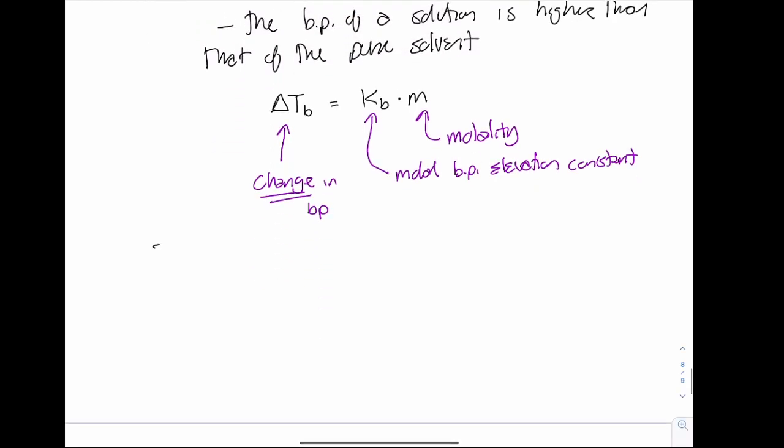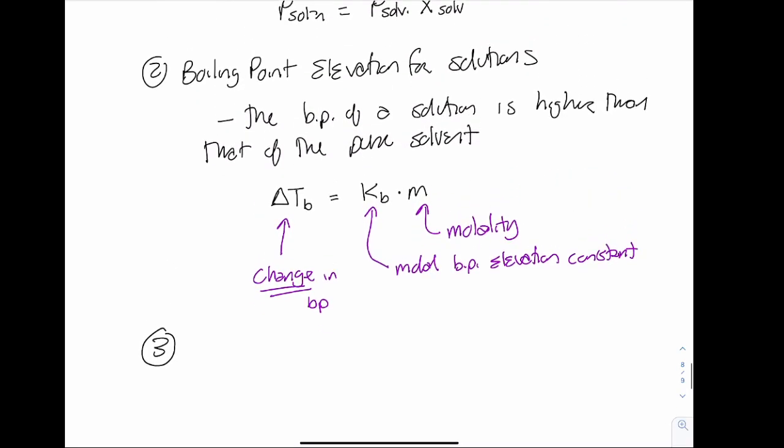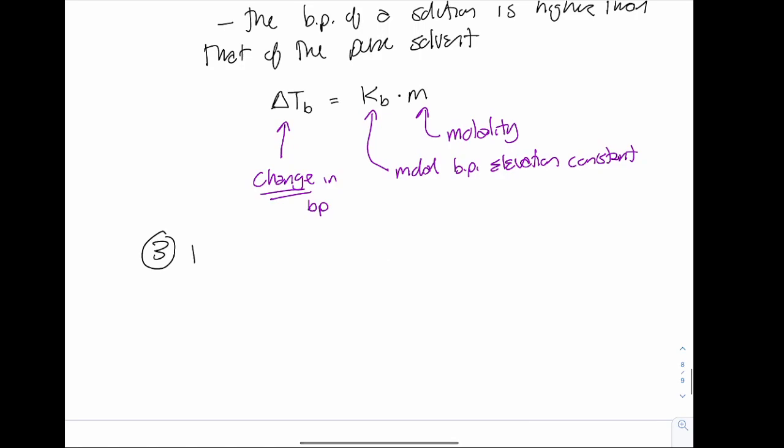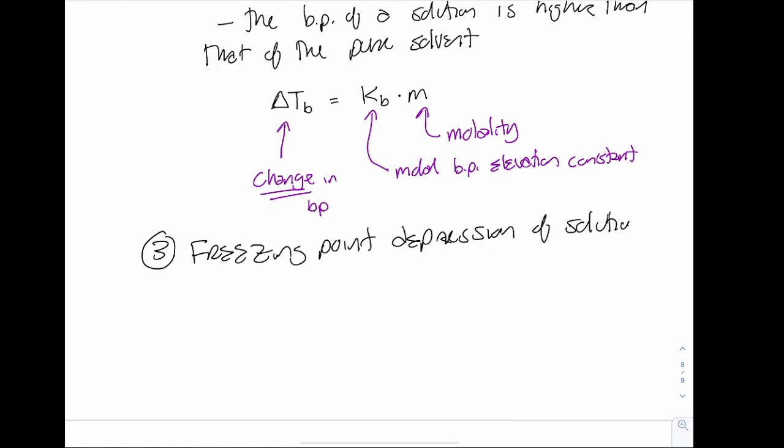So number 3 is going to be very similar to boiling point, but really just the opposite. So it's going to be freezing point depression of solutions. As it says, the freezing point of our solution is going to be depressed, is going to be lower.